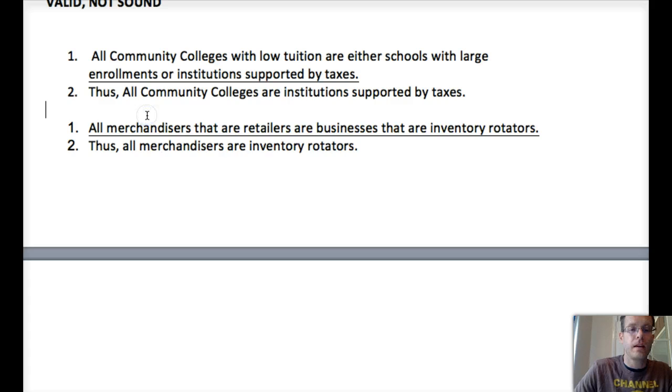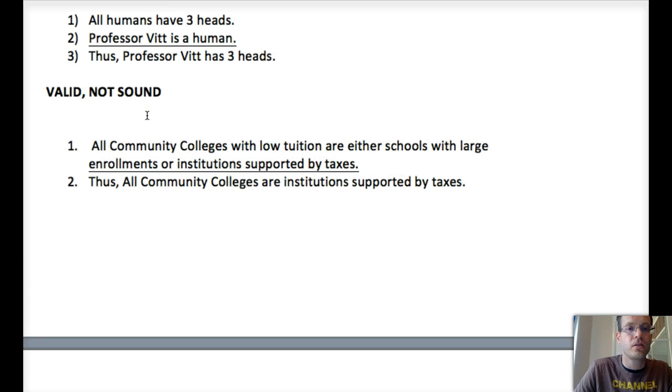All right, we have, I think, 2 left. Yeah, so let's do this one. All community colleges with low tuition are either schools with large enrollments or institutions supported by taxes. Thus, all community colleges are institutions supported by taxes. This argument is not valid, okay? And it's not valid because 1 does not entail 2.